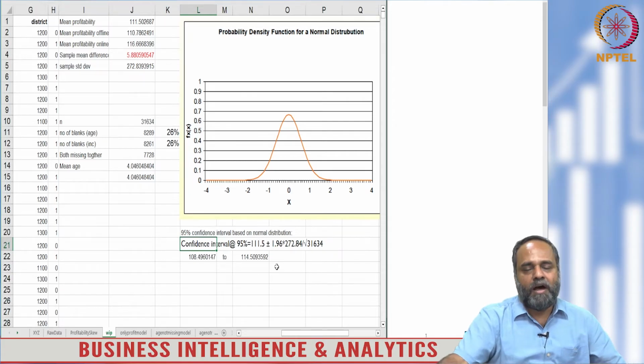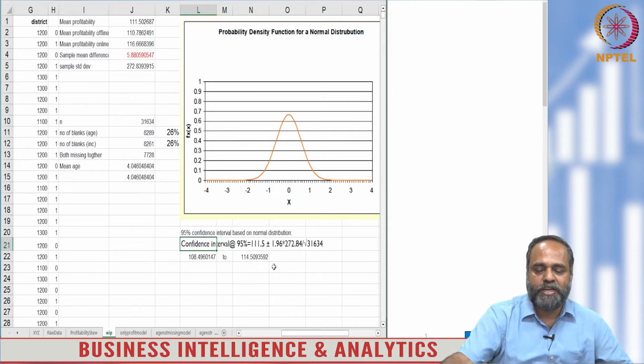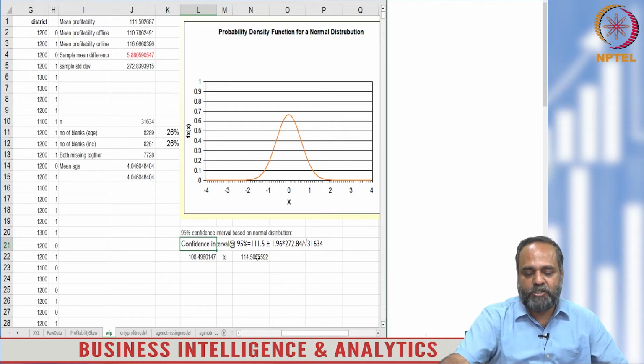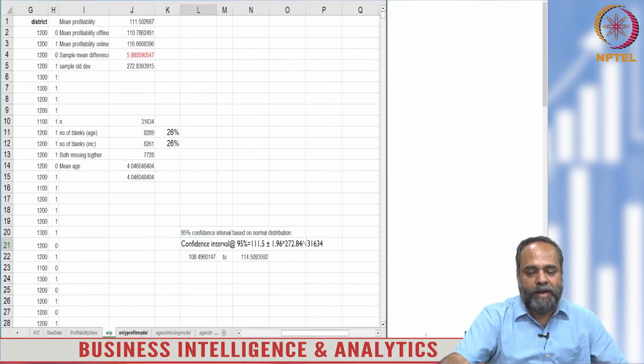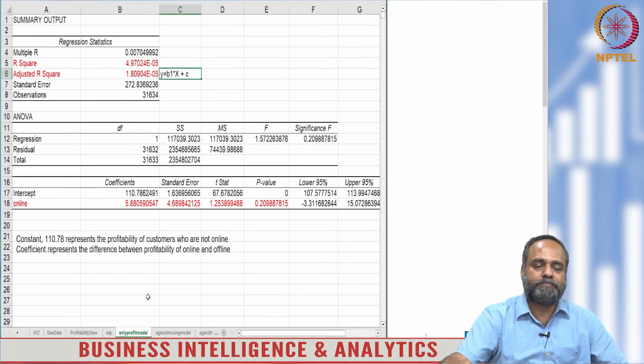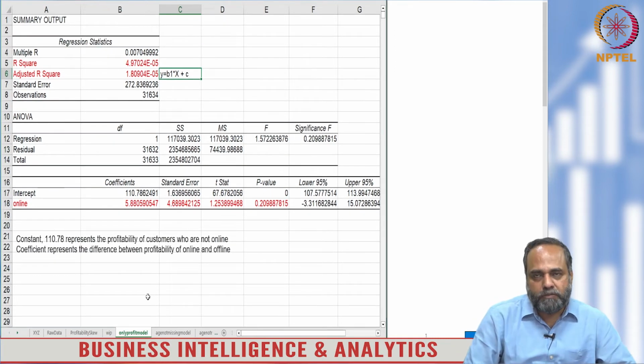So it gives us some interesting information about the range of the profitability for the population, and we move on from there. Our aim ultimately is to understand whether online customers are more profitable or offline customers are more profitable.